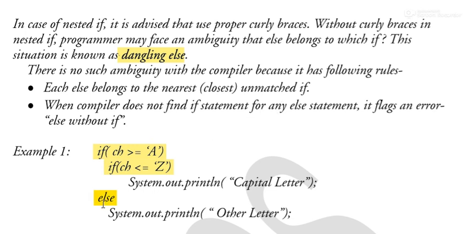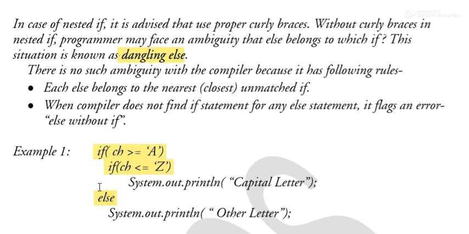In this way else becomes part of the second if, because this else is part of the second if since it is the if nearest to else and it is not matched till now. When the compiler does not find an if statement for any else statement, it flags an error: else without if.